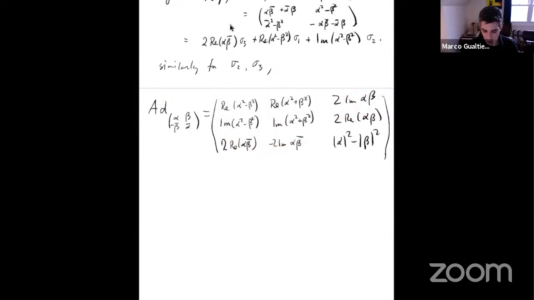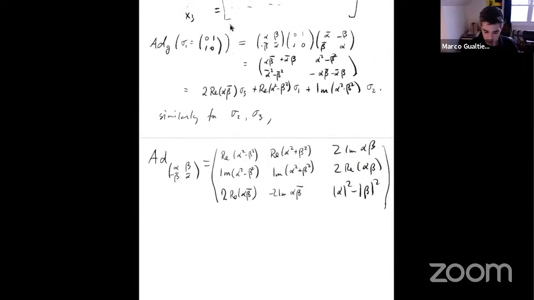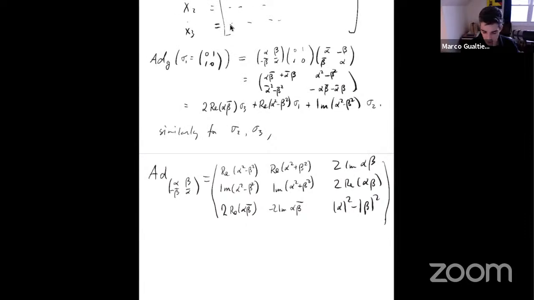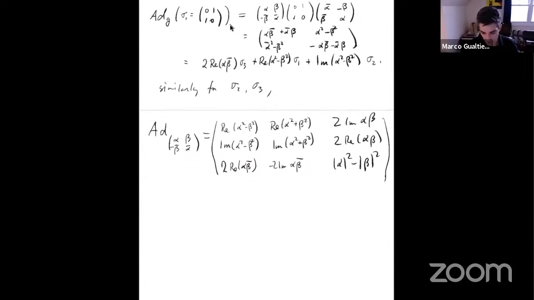Actually, what is going on? This is an SU2 matrix. I don't like this entry. What's wrong with these entries?